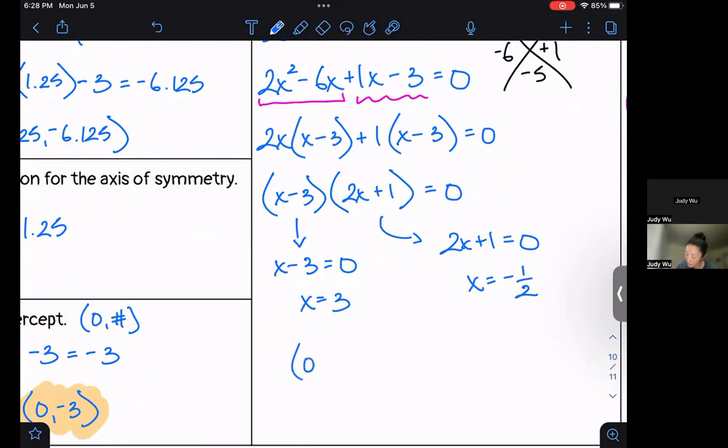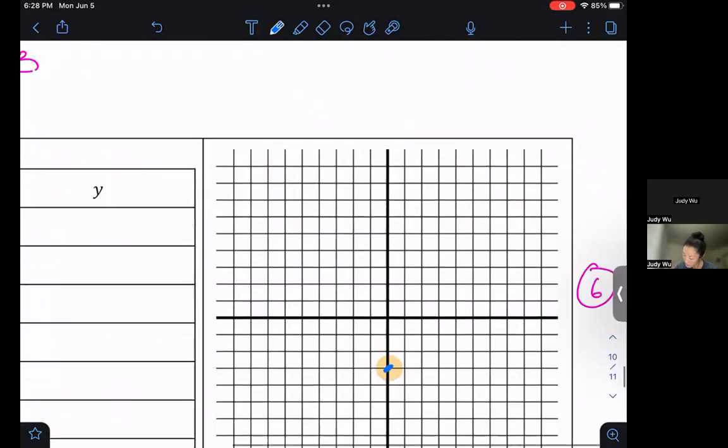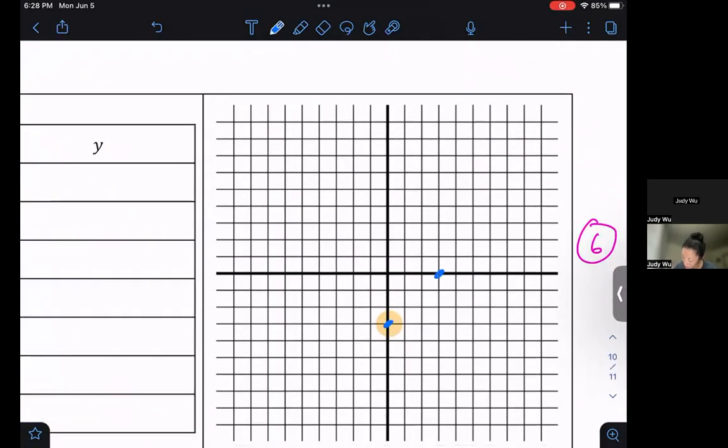I need to write them as a coordinate. 3, 0, and -1/2, 0. Both seem very graphable. So I'm going to go ahead and put those on the graph. 3, 0, and -1/2, 0, x-intercepts.